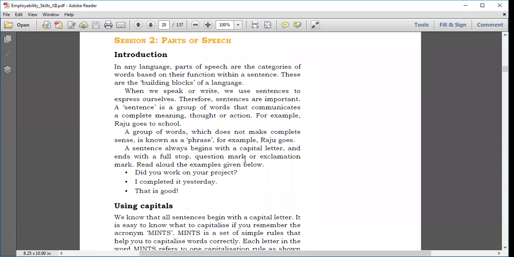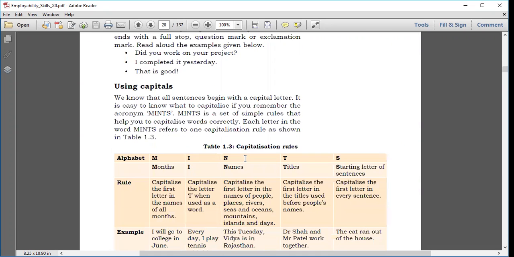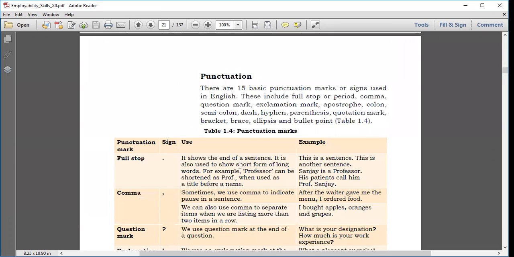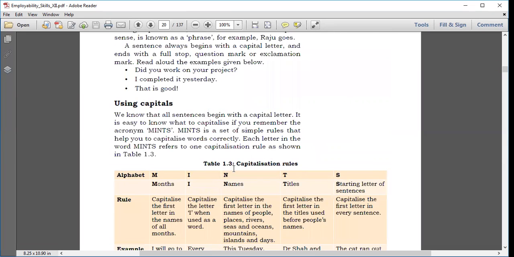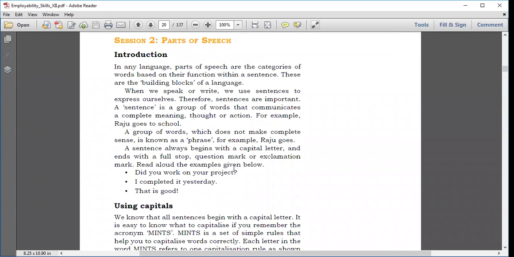Let's move on to the next part, which is parts of speech. Right now, certain parts of these we must have covered in your English lectures also. Parts of speech में है कि when we speak or write, we use sentences to express ourselves, and sentences are a group of words, right?